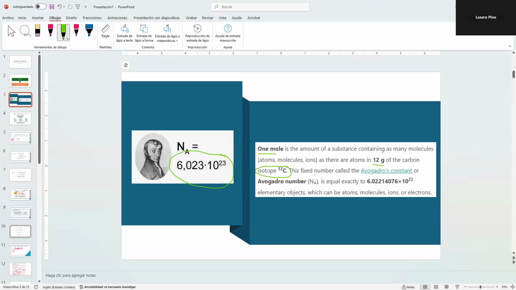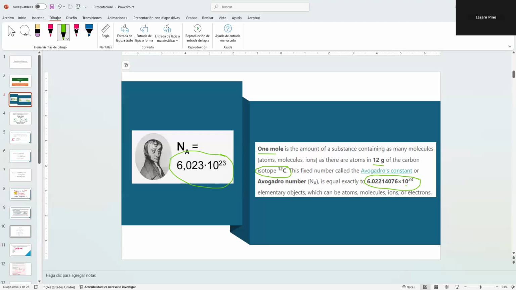Then the number of Avogadro, or the constant, is equal to this big number that you can see here. It can represent atoms, molecules, ions, electrons, protons, anything.